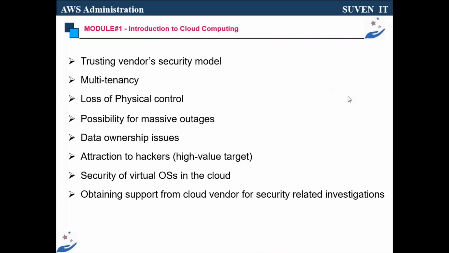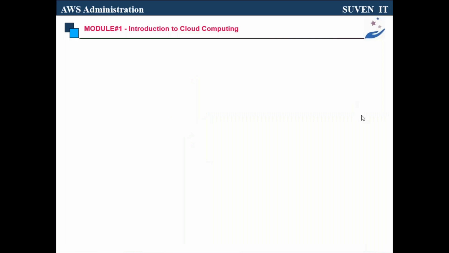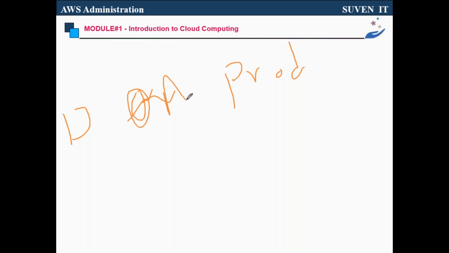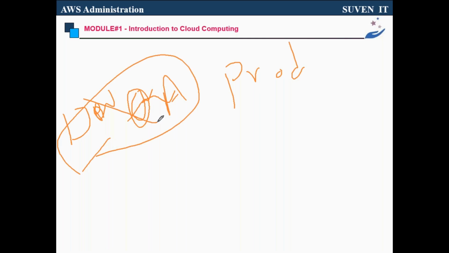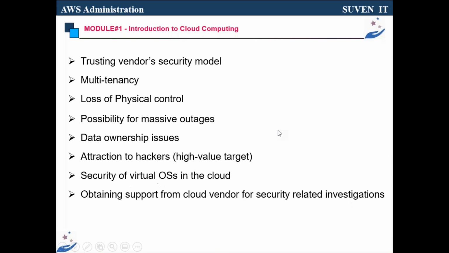Companies have different environments: development environment, QA environment and production environment. In development and QA environments, nothing will happen whether it is on cloud or anywhere, it doesn't matter. That's why companies are migrating at least development and QA environments to the cloud to save money. That is the most important thing we need to understand.